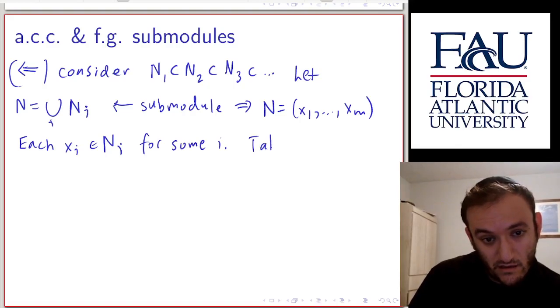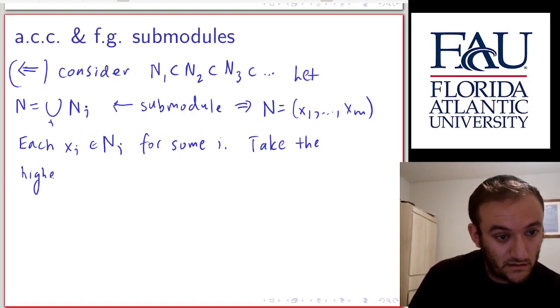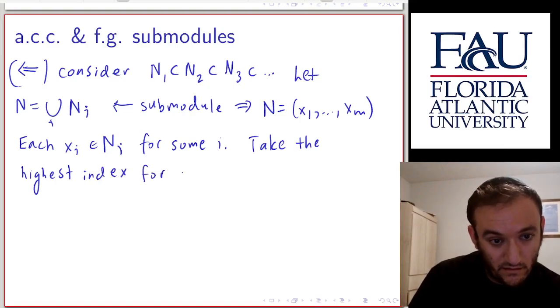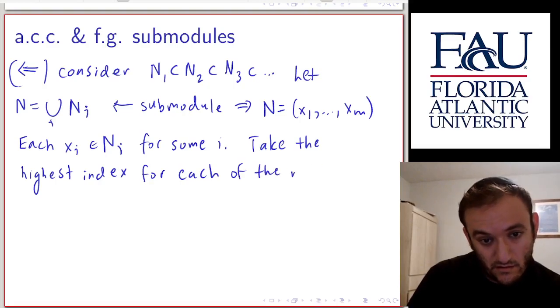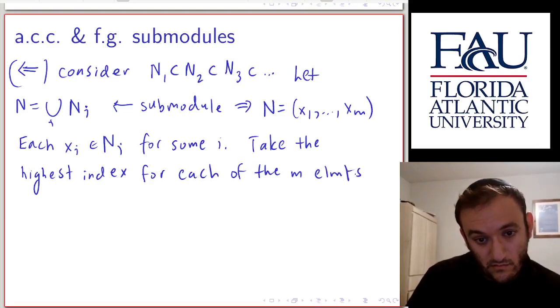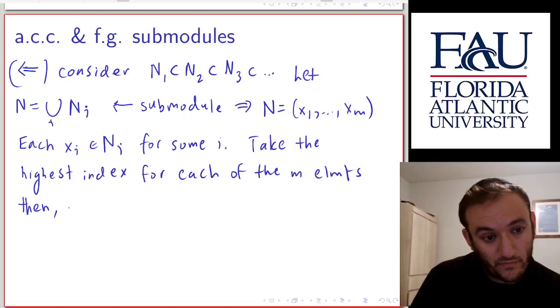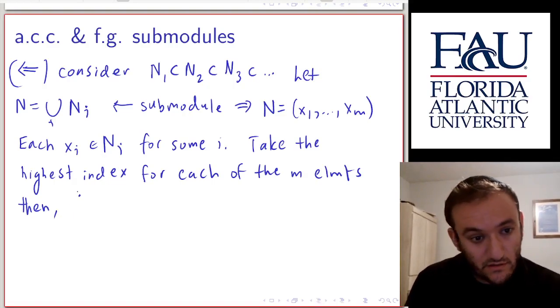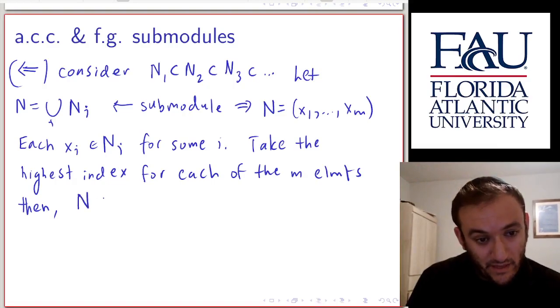So take the highest index for each of the m elements. Then the union of all of these submodules is, by virtue of being, generated by these m elements.